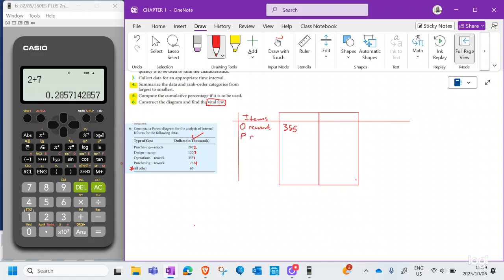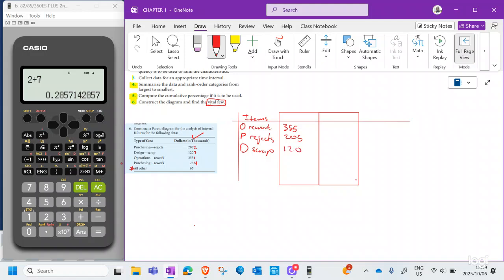Purchasing rejects is 205. Then design scrap is 120.